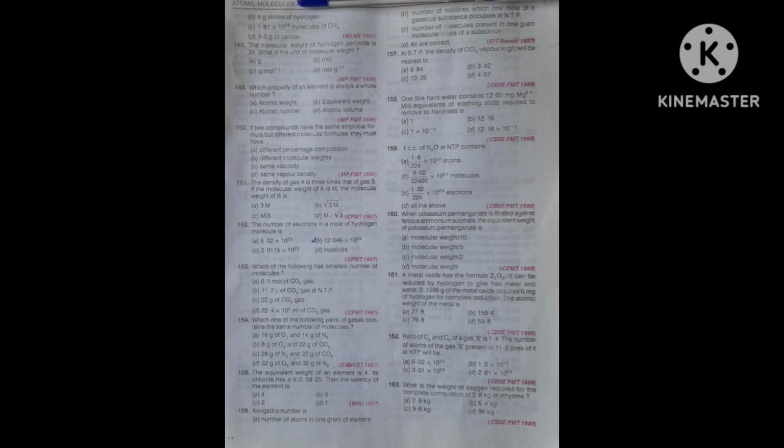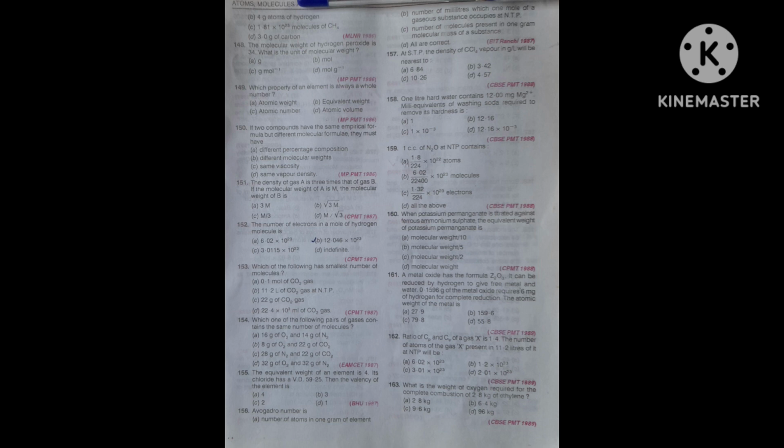Option 3, molecular weight divided by 2. Option 4, molecular weight. It is an easy and direct answer you can give. This question is also asked in CPMT, medical examination. Think and answer. It is easy.